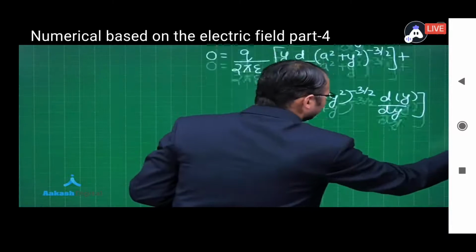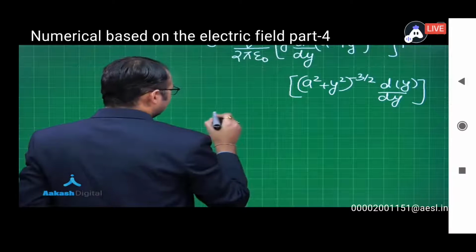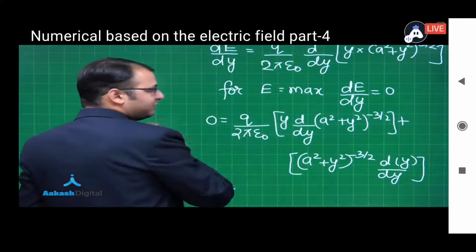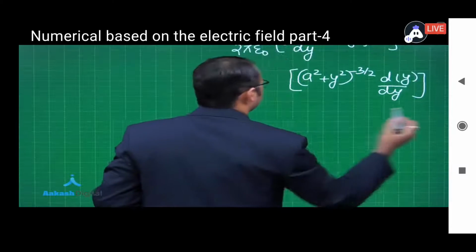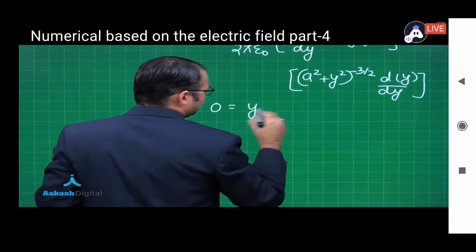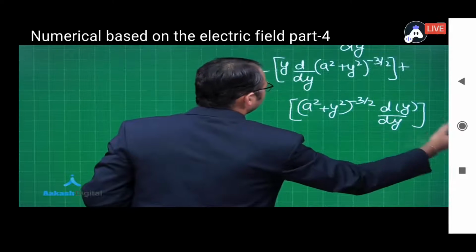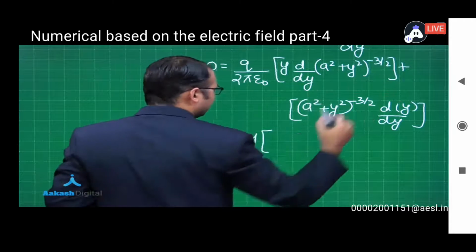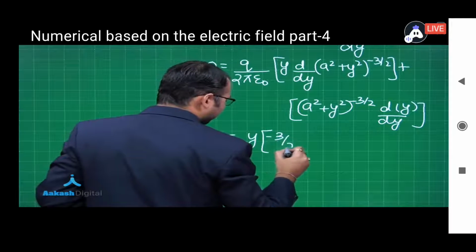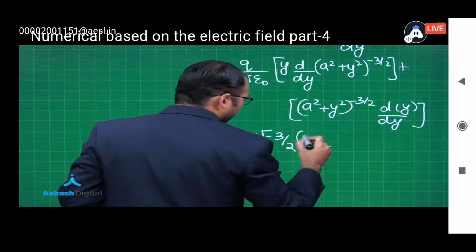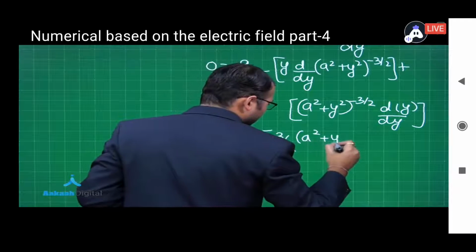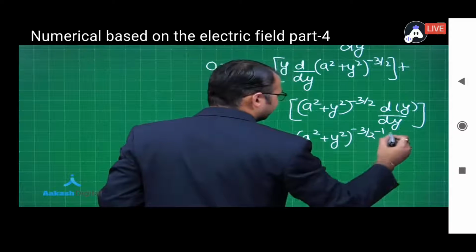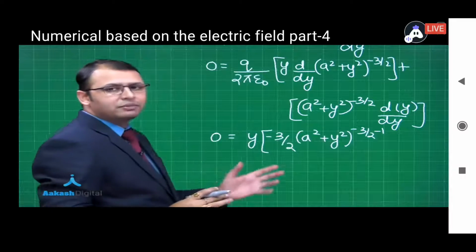So let's move on, and here you say that 0 is equal to, I'm moving this portion to the left-hand side, and I'll get y into, what is the differential of this portion? This will come as minus 3 by 2 into a square plus y square power minus 3 by 2 minus 1. Now, this is a simple format.